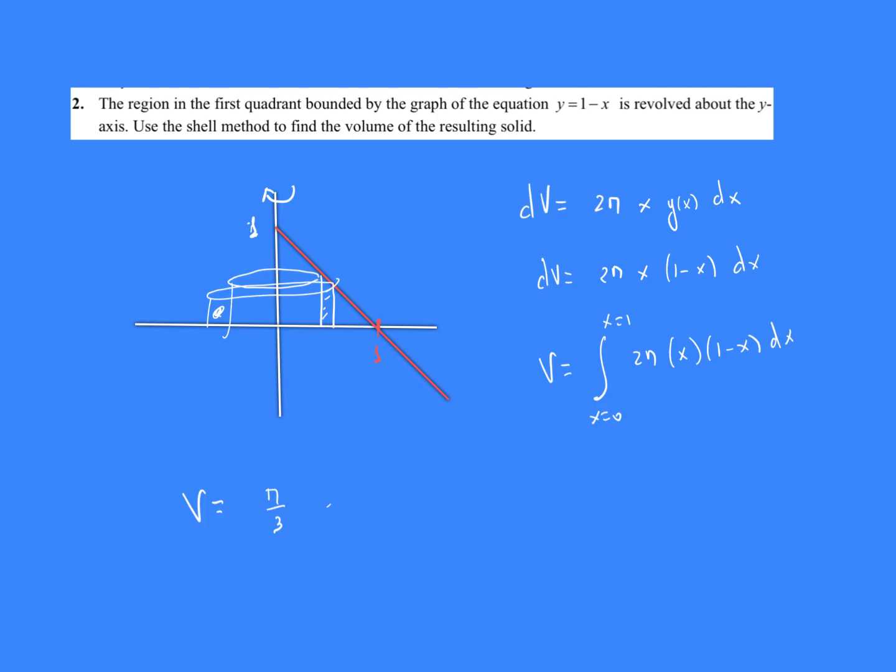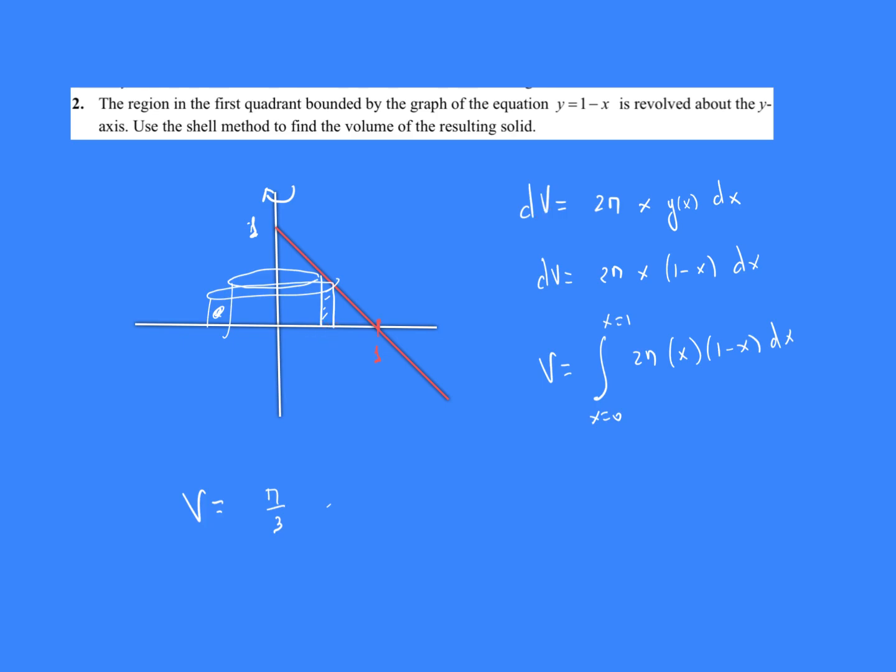But the small volume produced by one shell is 2 pi, the x of the shell, by the height of the door multiplied by the width of the door.